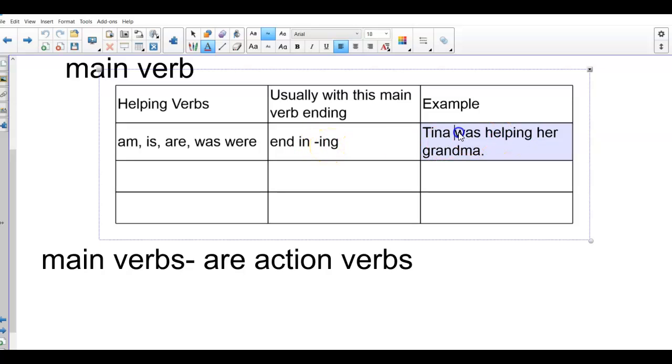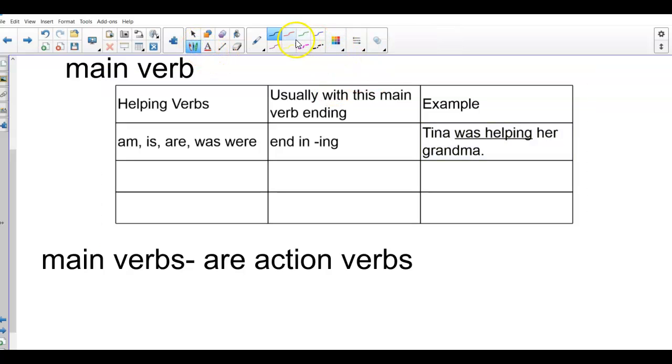Okay, so my verb phrase for this sentence is was helping. And then what I'm going to do is, my helping verbs are going to be in red, and my main verbs will be in green. Okay?